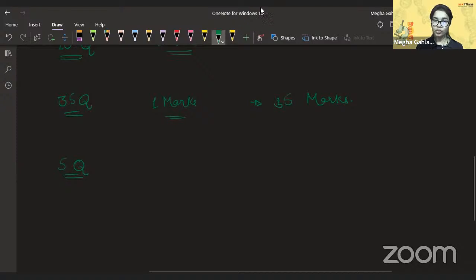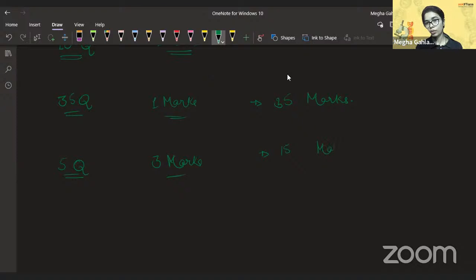For these 5 questions, every single question is going to have about 3 marks, right? 3 marks are going to be awarded to every single question, making it a total of 15 marks, and these 15 marks bring the total to about 60 marks. So that establishes the total of 50 questions and 60 marks, right?